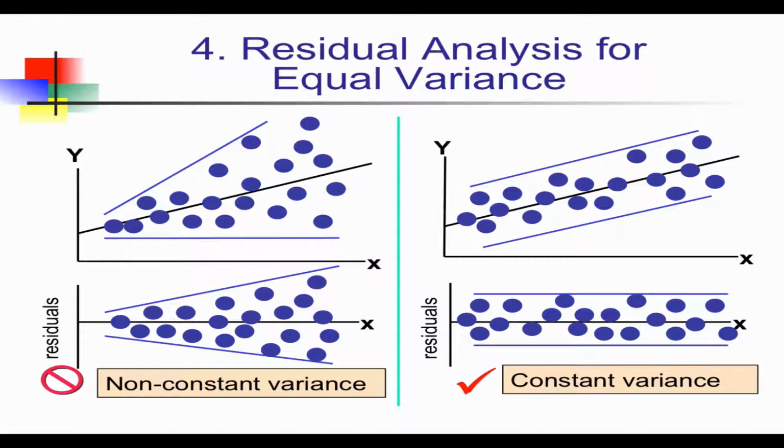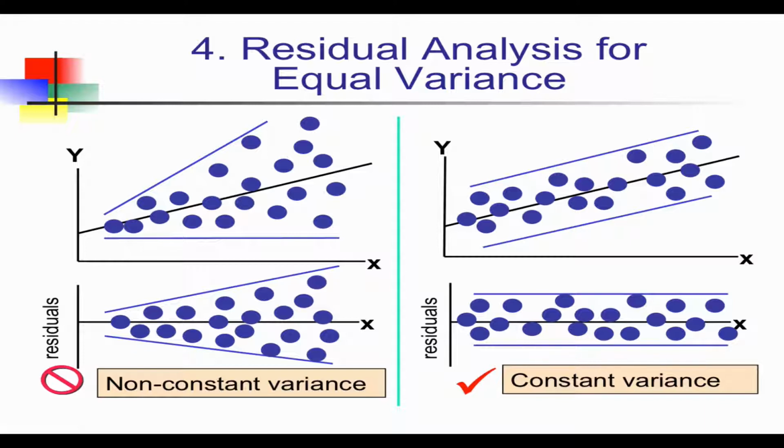What you're looking for is a random cloud around 0. Because only if this pattern holds does it mean the relationship between y and x is linear. That also means, most likely, each y_i is independent. It also means that the variance of y is constant in terms of x. So this one plot can give you a hint about those 3 assumptions.